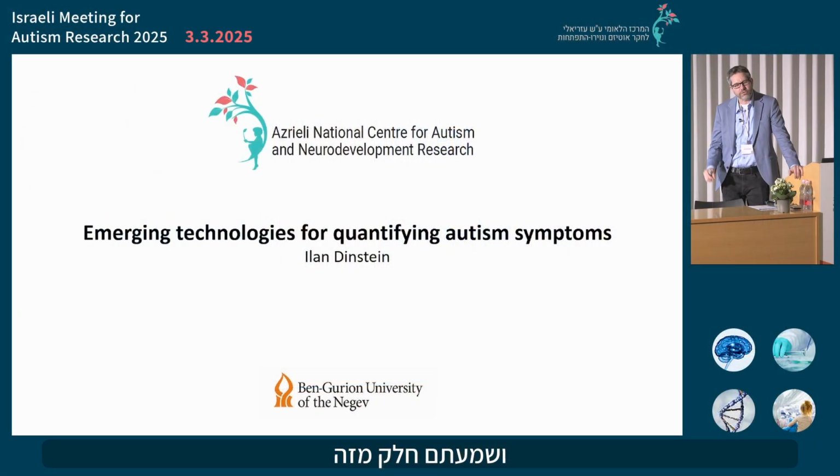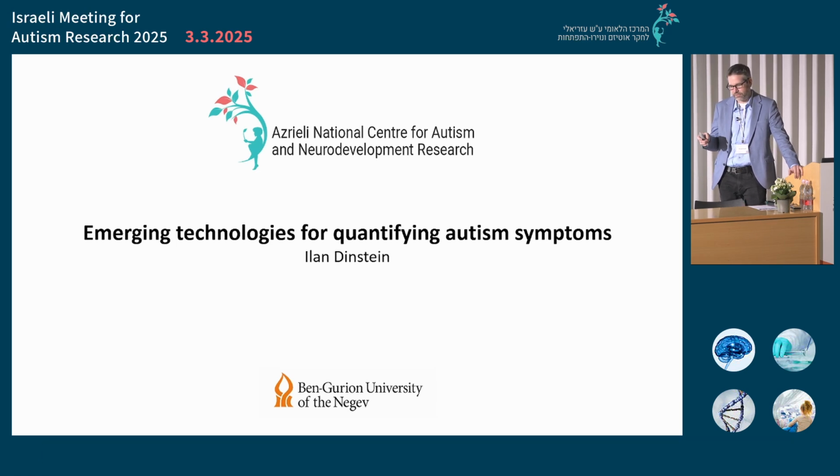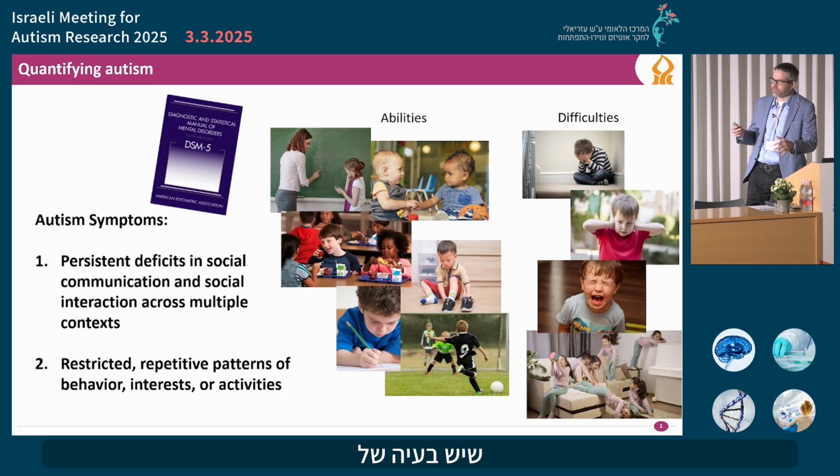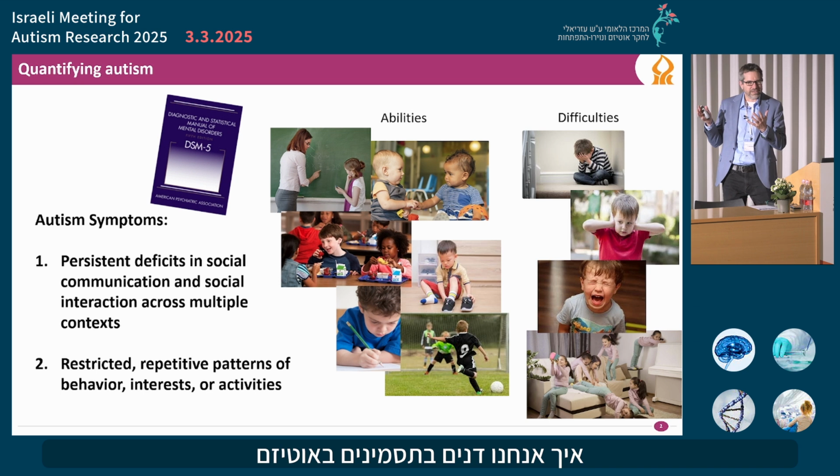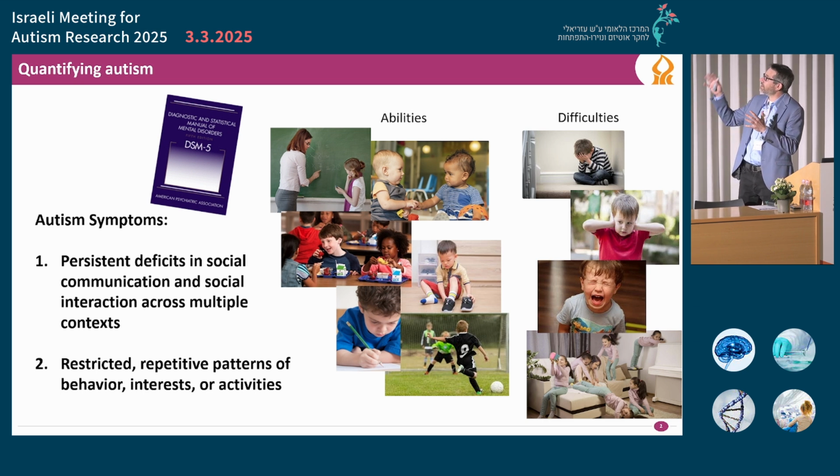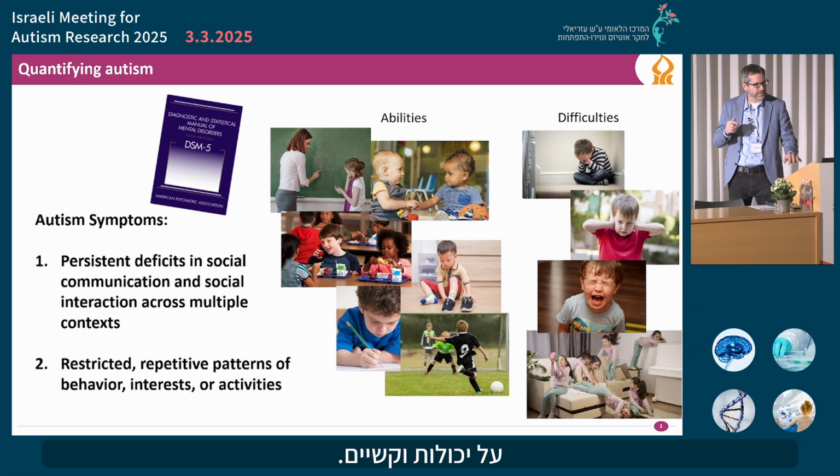You heard some of this this morning also in the talk that Alice gave. There's this problem of how do we discuss symptoms in autism, or I like to think about abilities and difficulties.